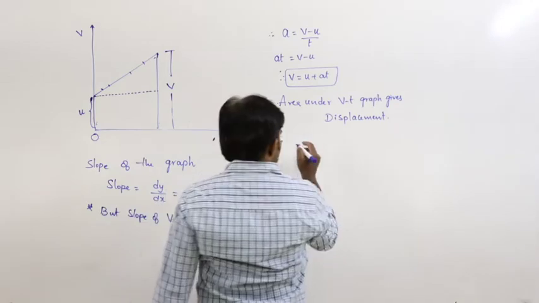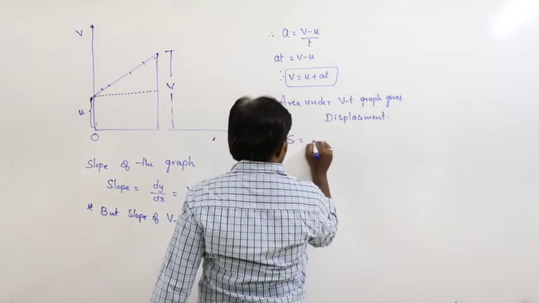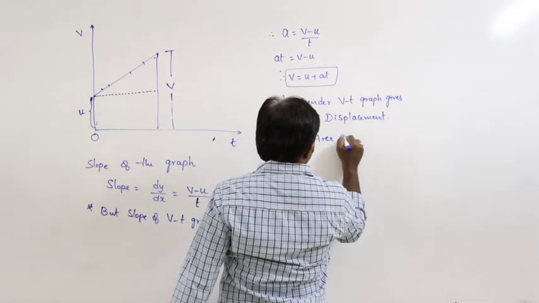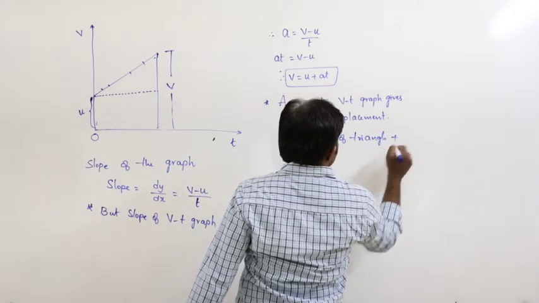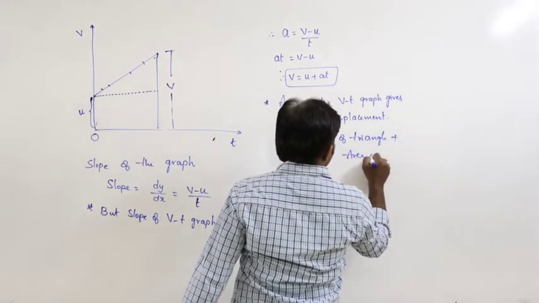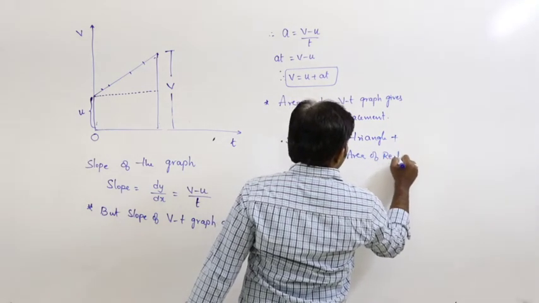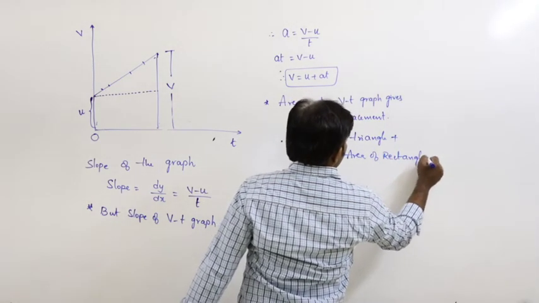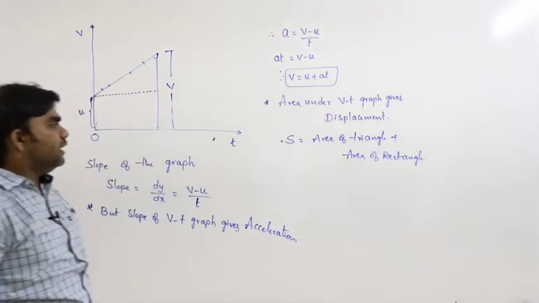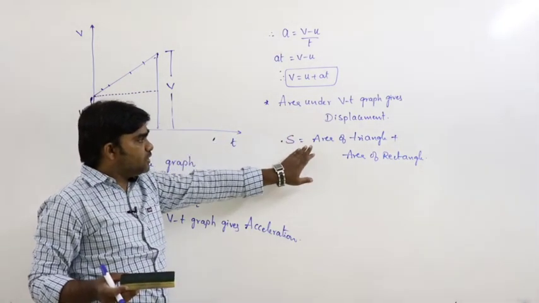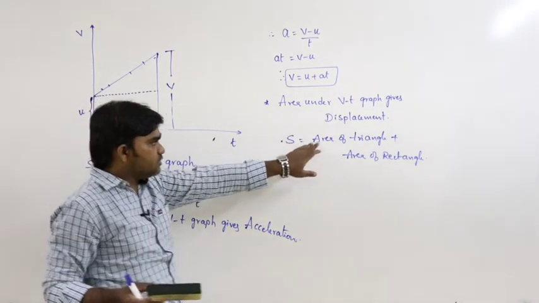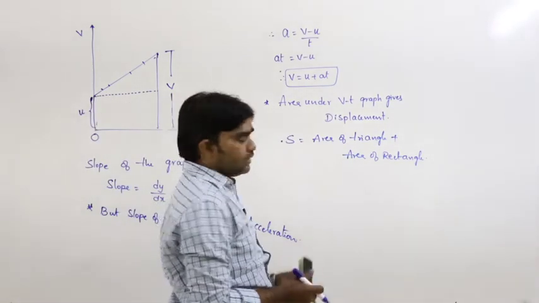So first, displacement. Displacement is equal to area of the triangle plus area of the rectangle, because area under a velocity-time graph gives displacement. In that, S is equal to area of the triangle plus area of the rectangle.